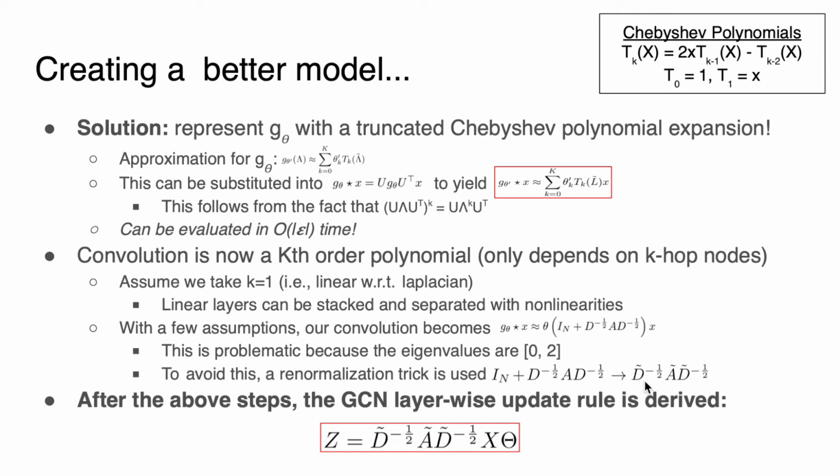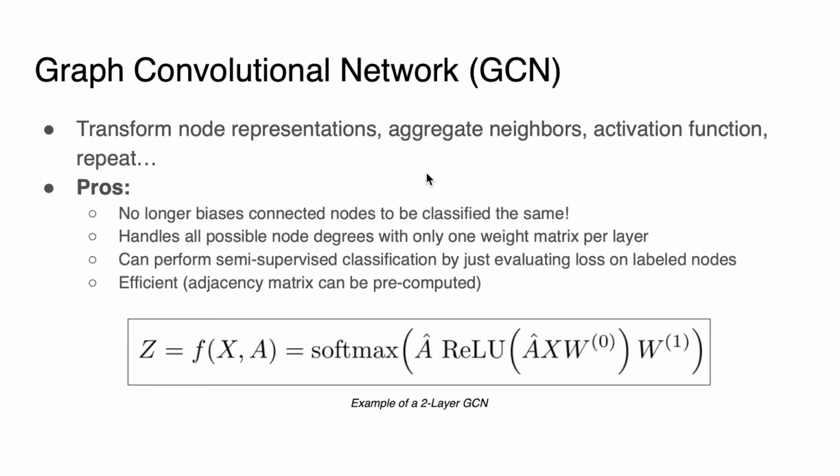And after we introduce this normalization trick, we actually get the forward propagation rule that was seen before, where we linearly project our node features and multiply it by this pre-computed product of our augmented adjacency matrix and diagonal degree matrices. So we now understand that the forward propagation rule of the GCN is just a first order approximation to a spectral graph convolution.